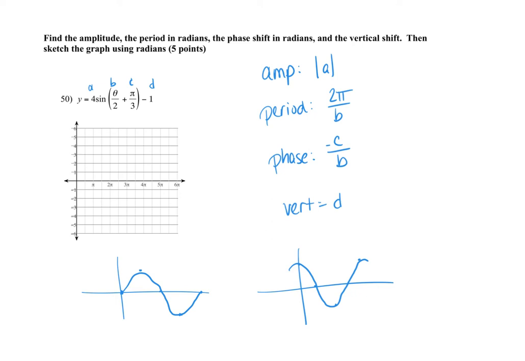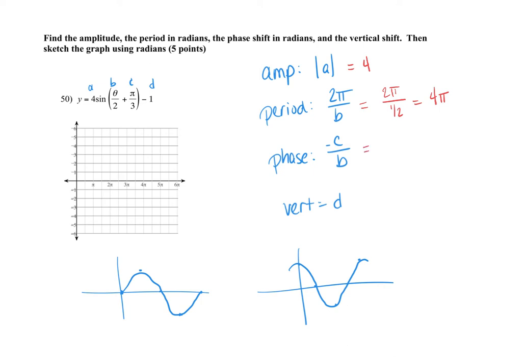So for this one, if we were trying to figure out the amplitude, the amplitude is the absolute value of A, which is 4. For our period, we would say 2 pi over B, and our B is 1/2, so you're going to change, flip. That will be 4 pi.